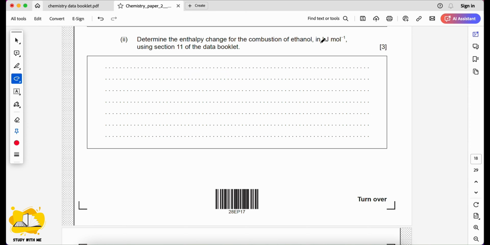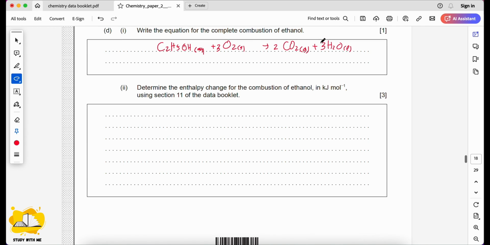Determine the enthalpy change for the combustion of ethanol in kilojoules per mole.